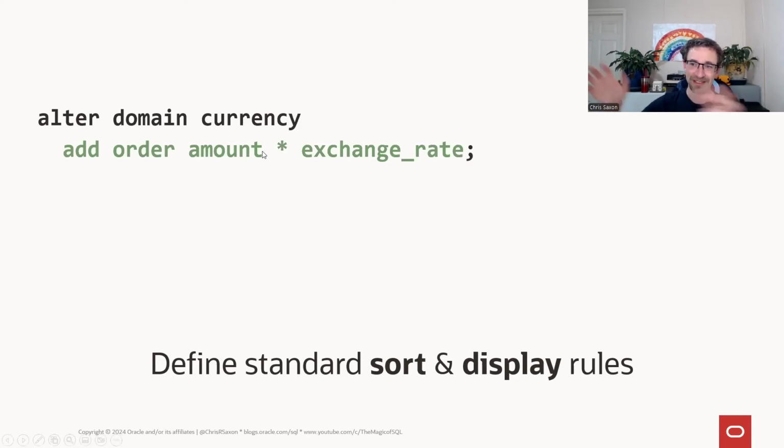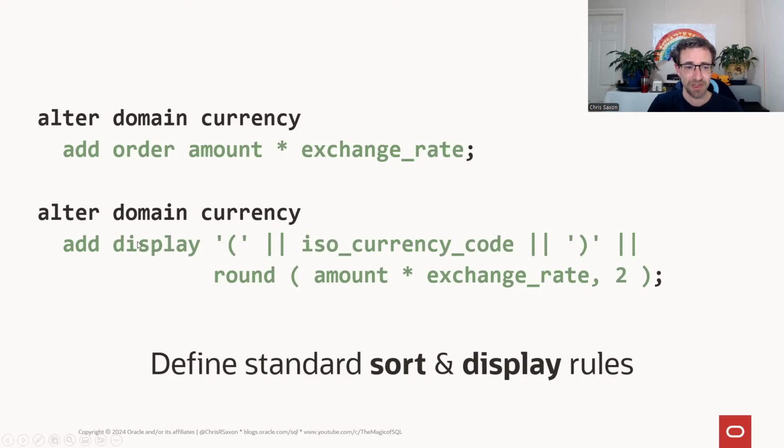And we might want to add some extra formatting, the decimal points or the commas as appropriate, and we might want to show the original currency code as well. So we can add a display expression to show the original currency and then round to 2 decimal places so we can get our actual dollars and cents value.